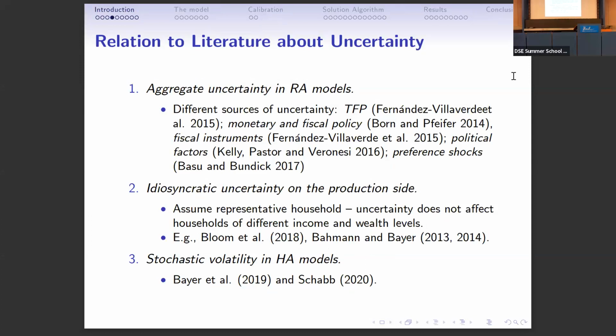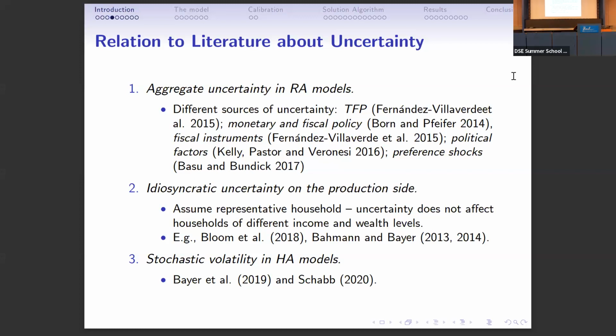So before I explain what we do in this paper, I would like to stress that the literature did things in a slightly different way, right? So for example, if we talk about literature introducing uncertainty, mostly there are some papers that either consider aggregate uncertainty in representative agent models, or idiosyncratic uncertainty on the production side with a representative consumer, right?